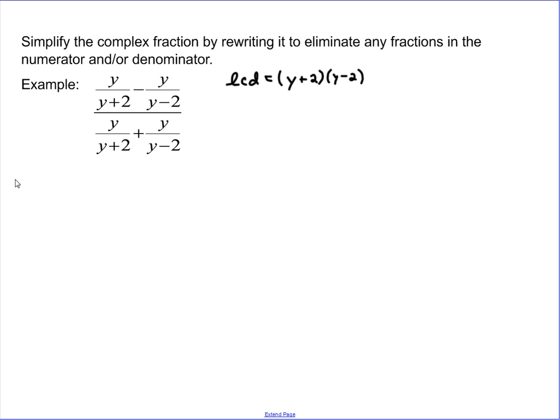So let's try it. We're going to take y plus 2 times y minus 2 times the quantity y over y plus 2 minus y over y minus 2.